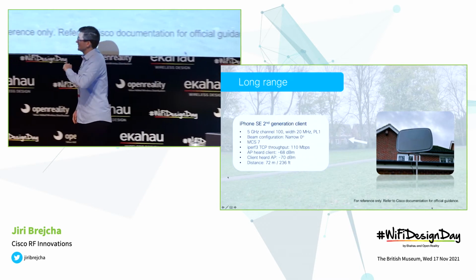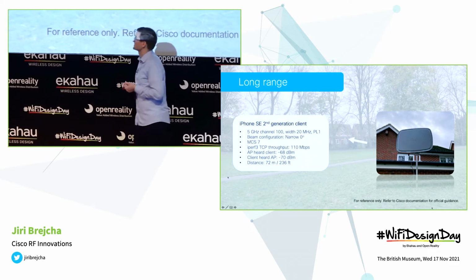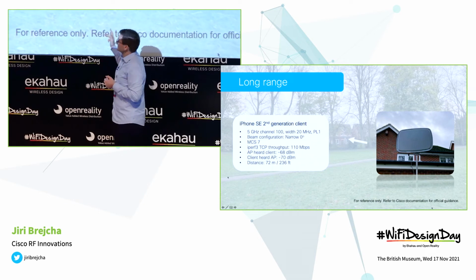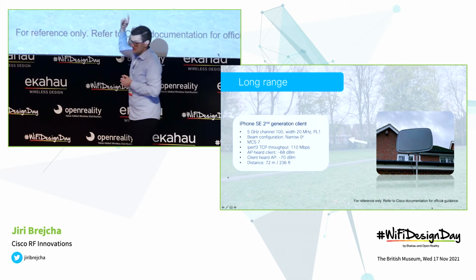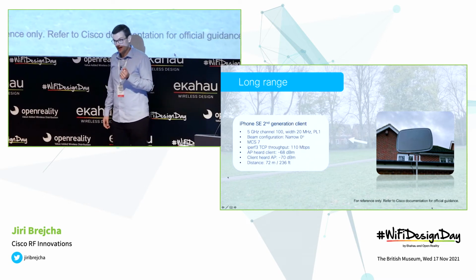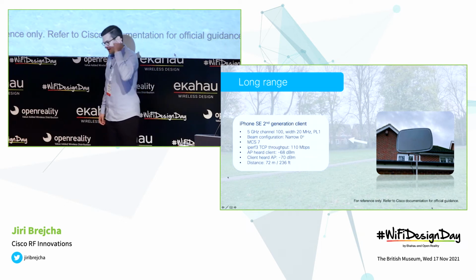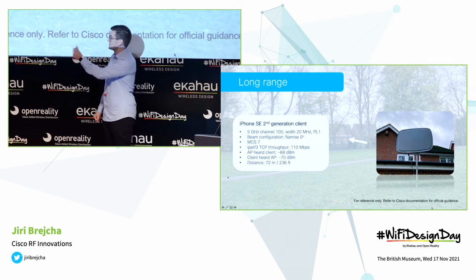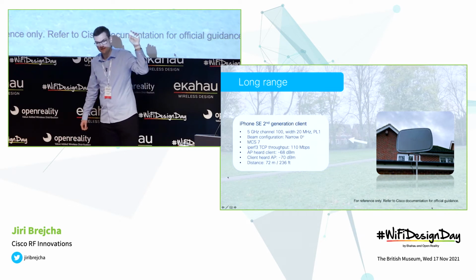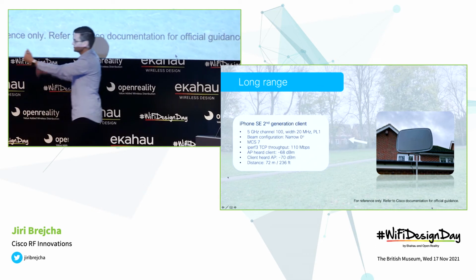So what I did here, and this is Jiri testing the antenna, this is not an official Cisco test. I had the unit deployed on a tripod, and I wanted to understand what is the distance between an iPhone and the AP. How far can I go before I get minus 70 RSSI from the client's perspective? So I walked back from the antenna just about 72 meters.